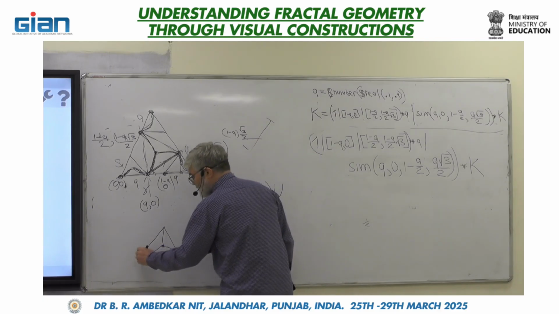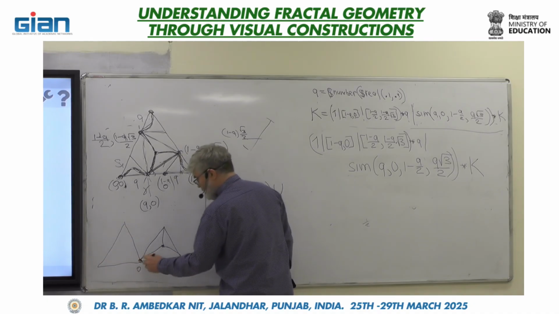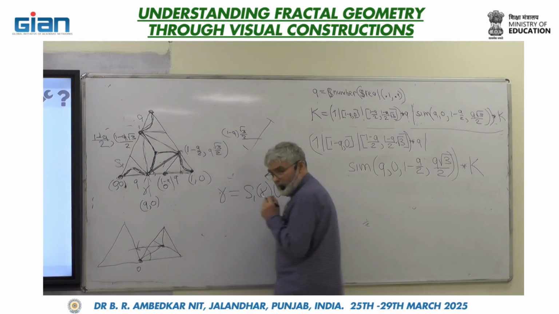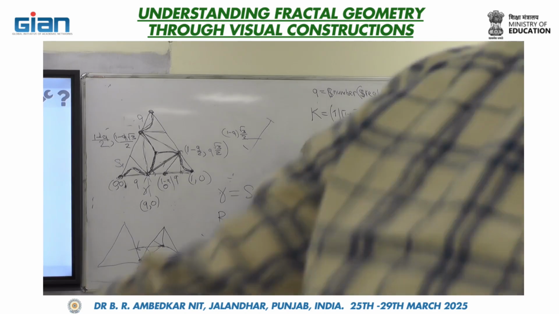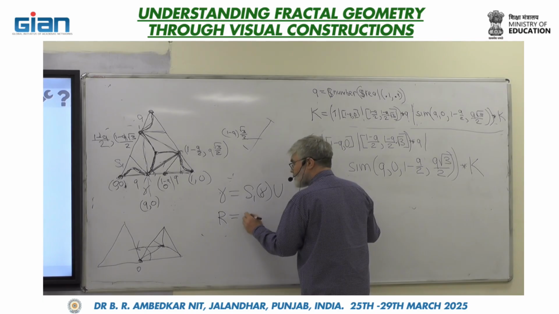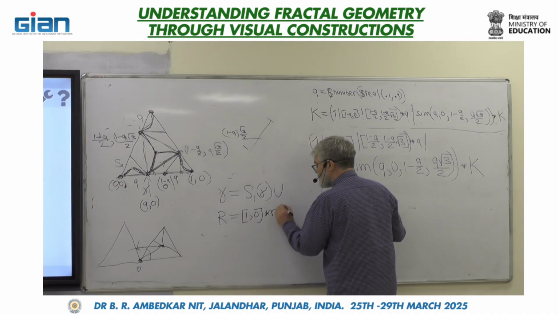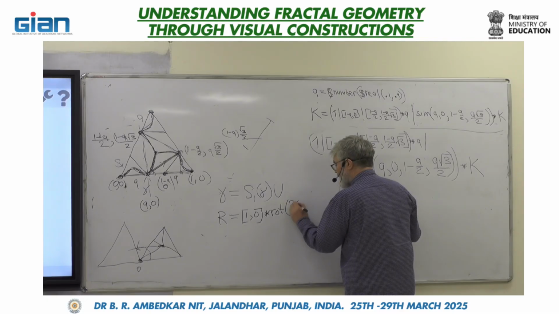If this point is 0, you need to rotate it by 120 degrees and then translate it by 1. Okay, so let R be a composition of translation by 1 and rotation by the angle 2 pi divided by 3.